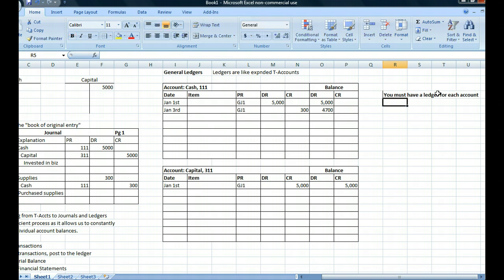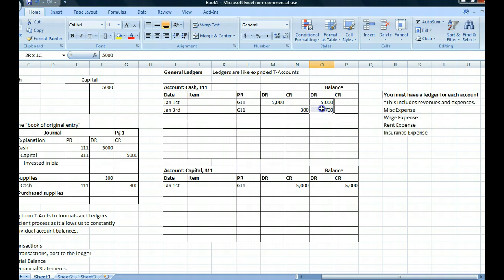This includes expenses, revenues, etc. And what I mean by this is assume we had a miscellaneous expense account, wage expense, rent expense, insurance expense, whatever. Each individual account would have its own ledger.